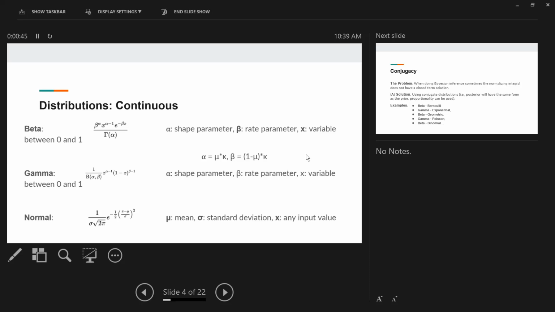No, this should not be there. It should be larger than 0, I think. You can use it as a prior for Poisson and exponential, and those can have numbers larger than 1, so I think it should be larger than 1. And beta is used for coin flips or stuff like that.